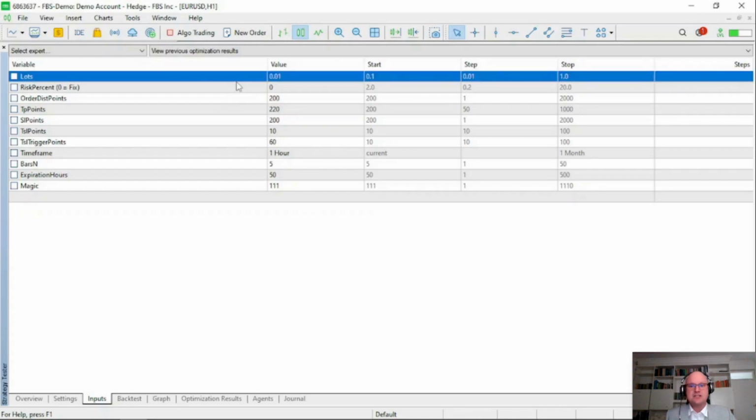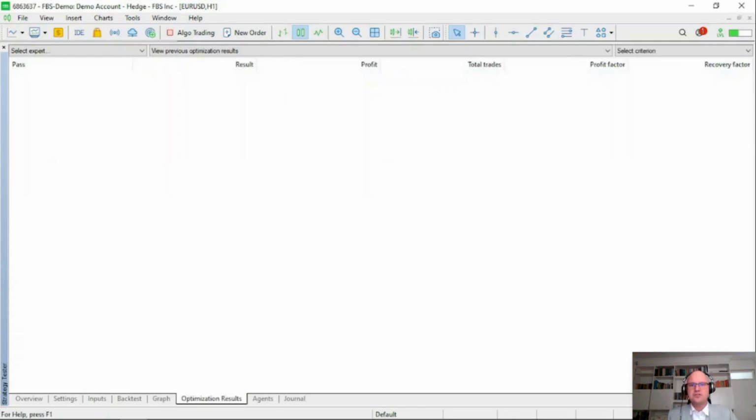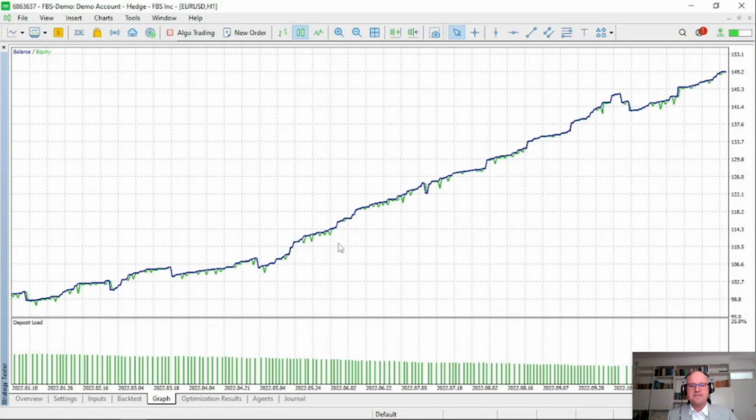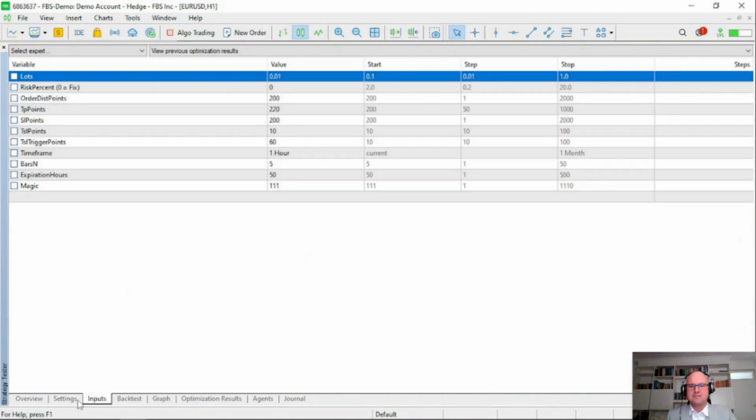If risk percentage is 0, it will use fixed lots and it will only trade 0.01 lots. I recommend doing this for the first couple of months as you get familiar with the bot.